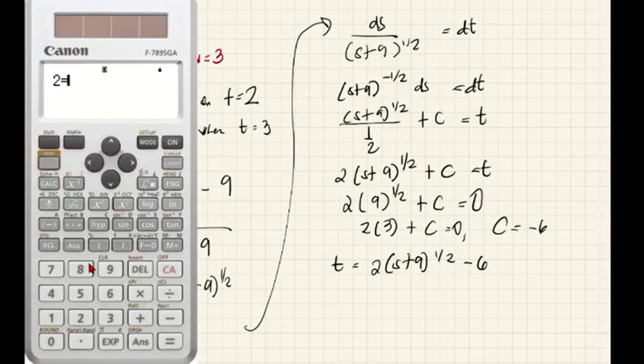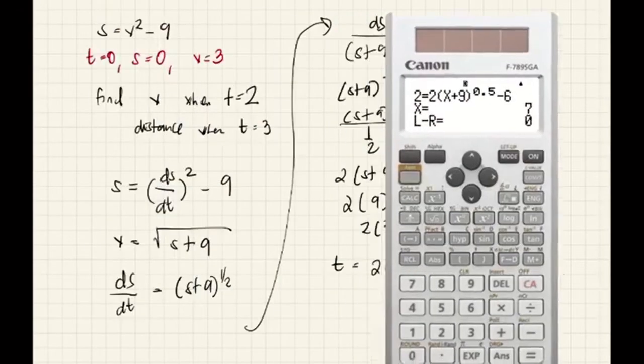Equals. Actually, pwede ka naman makakuha ng direct na equation. Pero, wala lang. Tignan natin. 0.5 minus 6. When time equals 2, S equals 7. So, tignan natin.